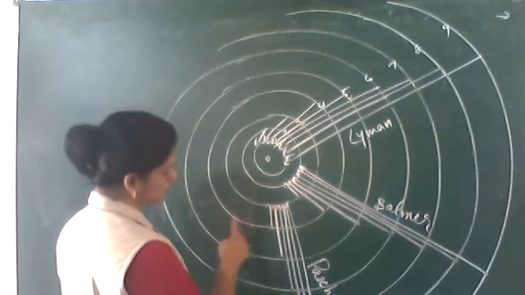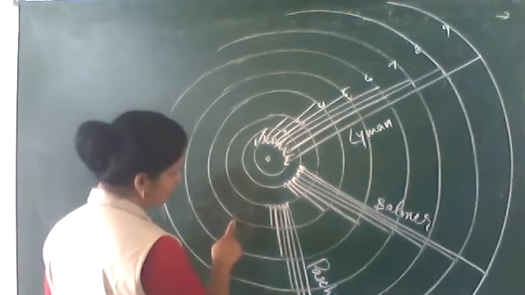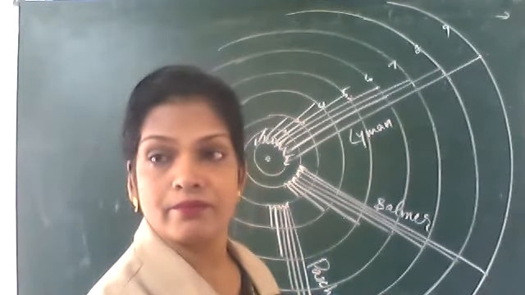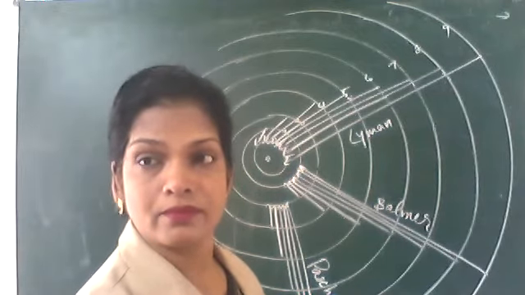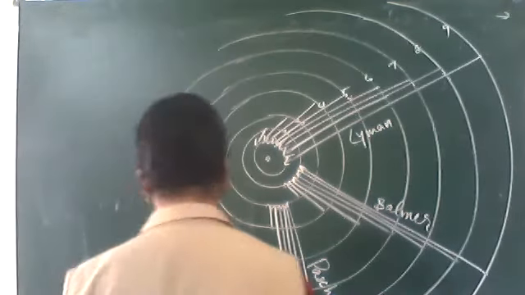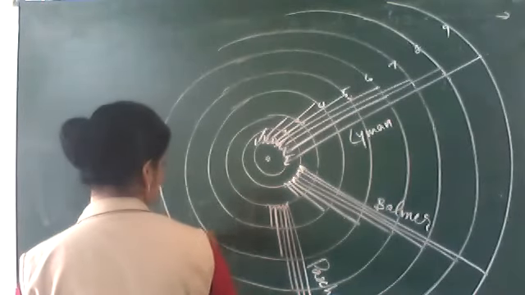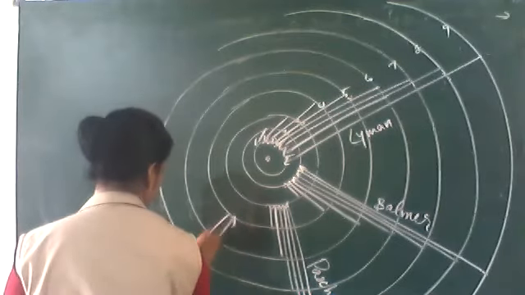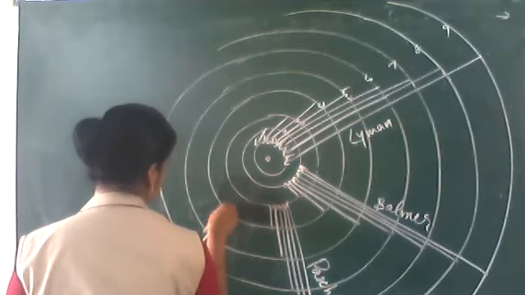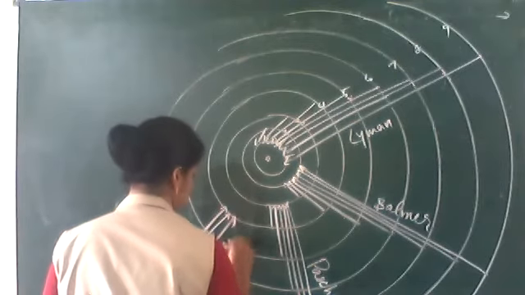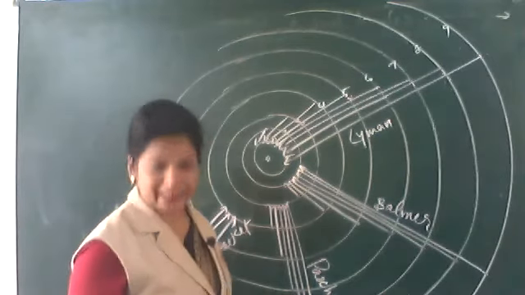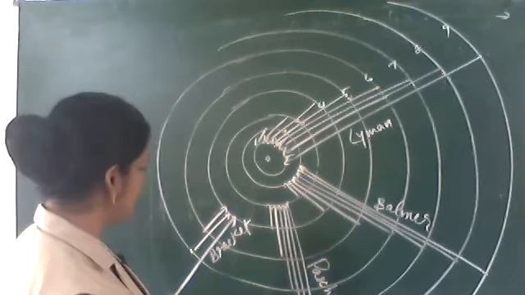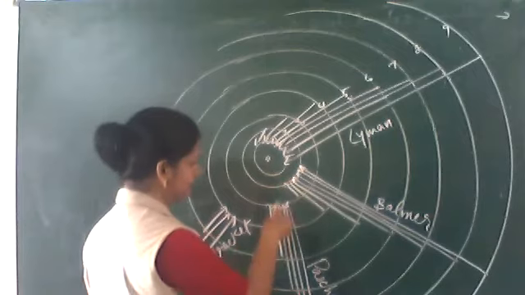Next is the Brackett series on the fourth orbit. The scientist's surname is Brackett, Brackett series.